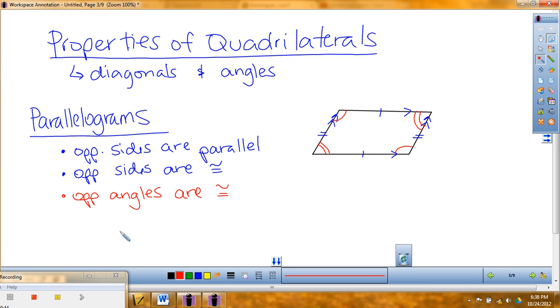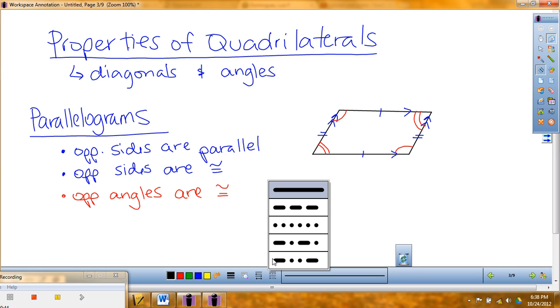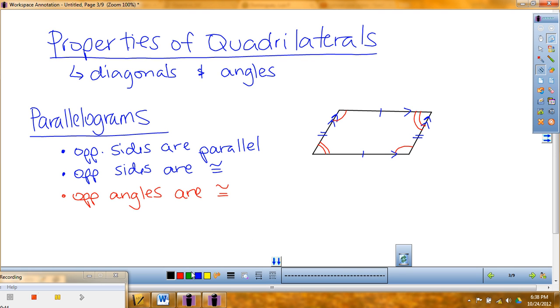Now, a property of the diagonals. Our diagonals actually bisect each other. So I'm going to try and draw this with a dotted line. And there's my diagonal and my other diagonal. And these diagonals are bisectors of each other.